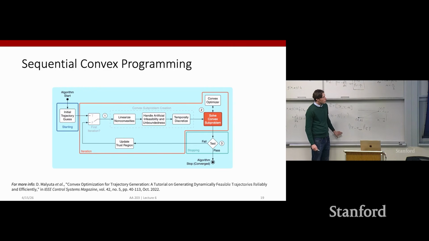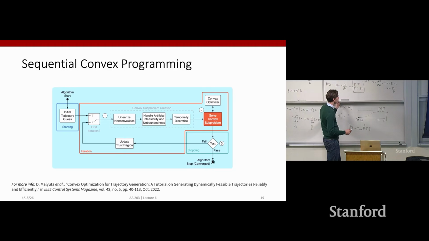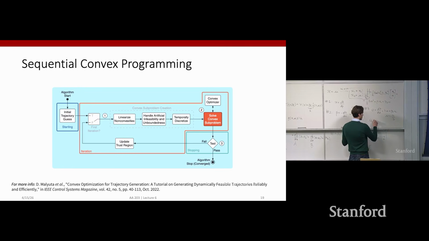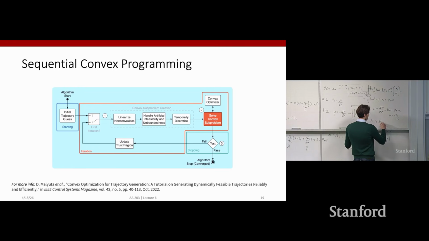The other topic is artificial infeasibility, and typically this is handled through slack variables. A slack variable is something where, say we have a constraint that u has to be smaller than u max. We could add an additional optimization variable s, which allows us to loosen this constraint if needed, but we would be penalizing this in the cost.